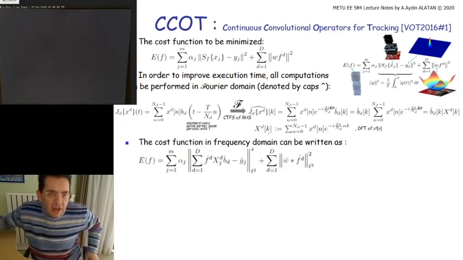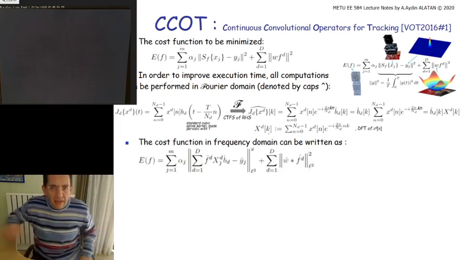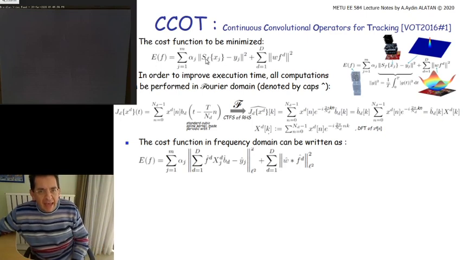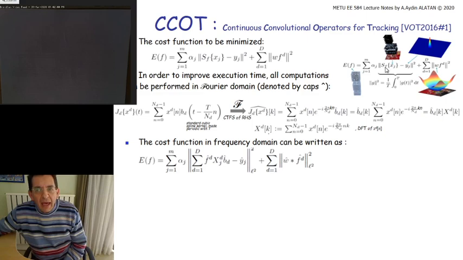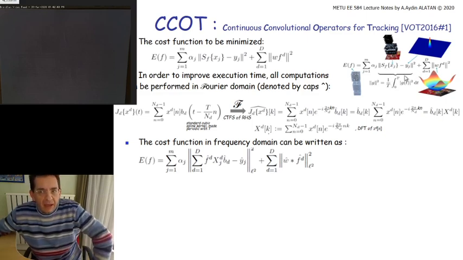Let's write the cost function in the frequency domain instead. Please note again, since I am doing a periodic convolution here, I have to have nothing but multiplication.